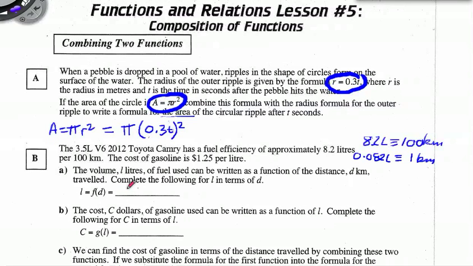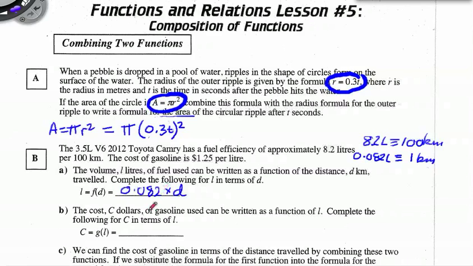We can just say here that the liters used, L, will be 0.082 liters every kilometer times kilometers, or times d for distance. As we travel 1 kilometer, we'll use up 0.082 liters. If we travel 100 kilometers, if d is 100, we'll use up 8.2 liters, and so on.